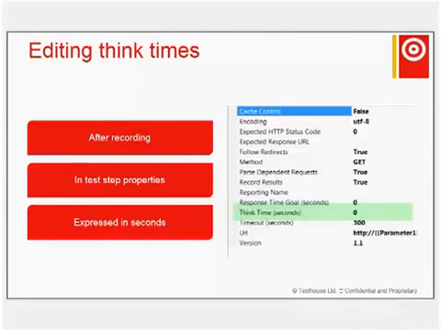Editing think times, there are a number of places you can go. We can edit them in the properties. So there we can see think times. We can also edit them in the test, in the table of actual test results, which will enable us to edit a number of different properties.